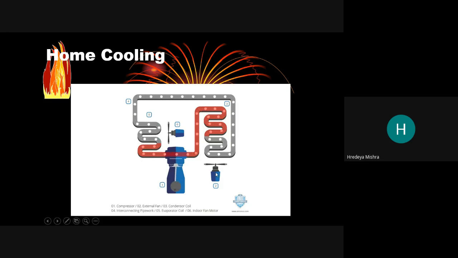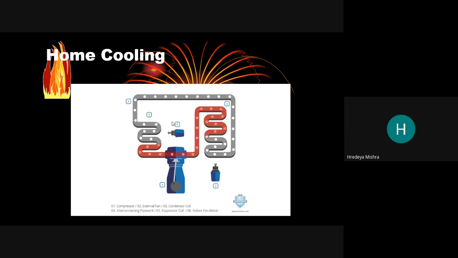And this is our external fan and condenser coil. They are condensing the air, meaning now the air is cooler in comparison to here. Interconnected pipeline, number 4, means the compressed air is condensed and then again supplied for compressing.